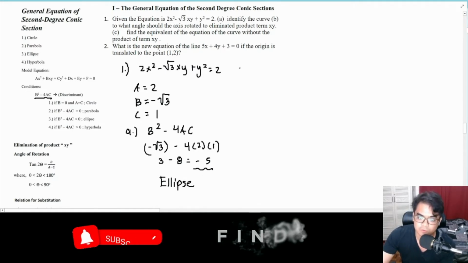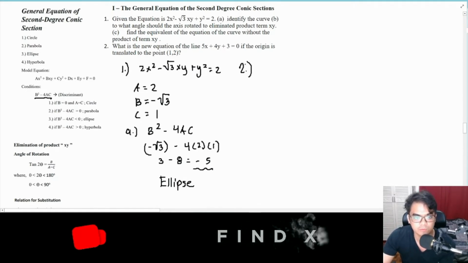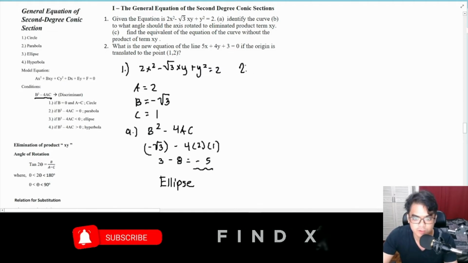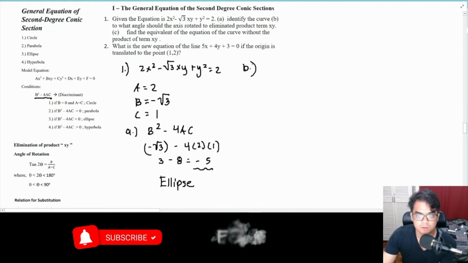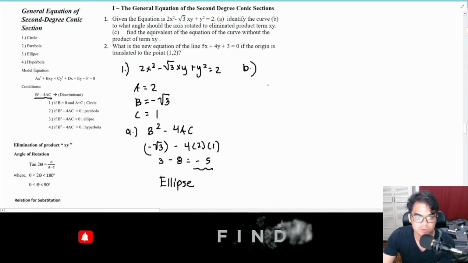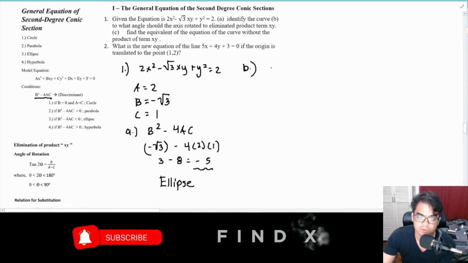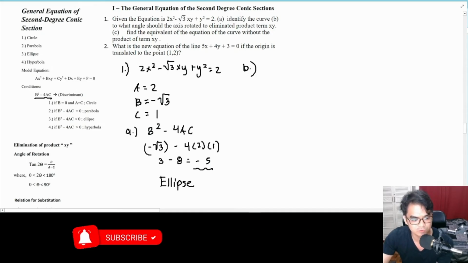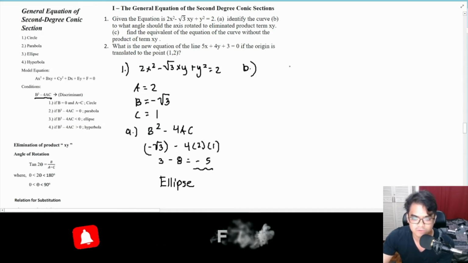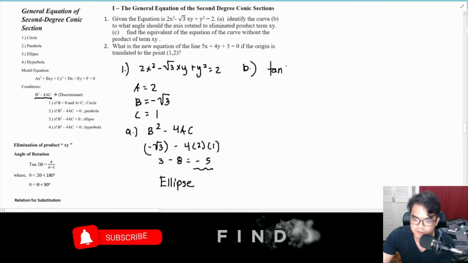Okay. So for number 2, no, not number 2, sorry. Letter B. To what angle should the axis be rotated to eliminate the product term xy? So we have to use the angle of rotation. The angle of rotation is tangent of 2 theta equal to b over a minus c.